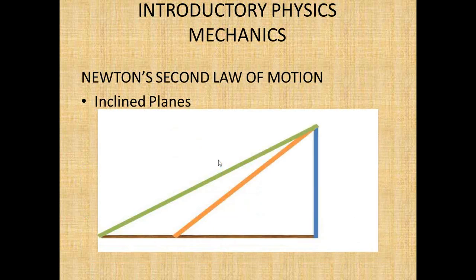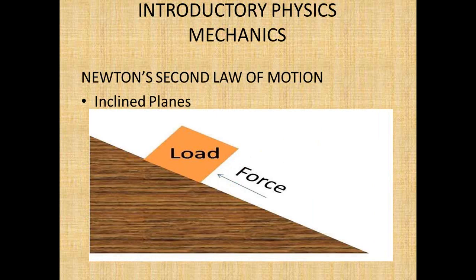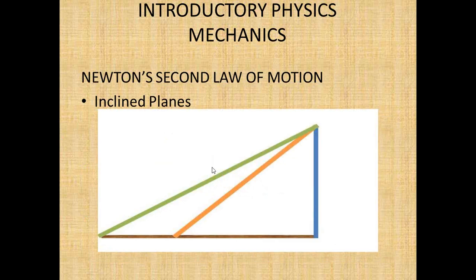But why does the object slide? We're going to look at the physics of that, or the mathematics of that. Why an object slides down an inclined surface, and why the greater the angle, the greater the rate at which it slides. So let's look at that.